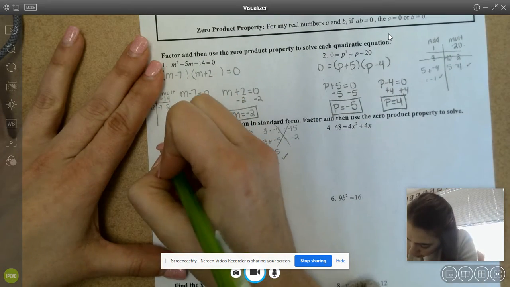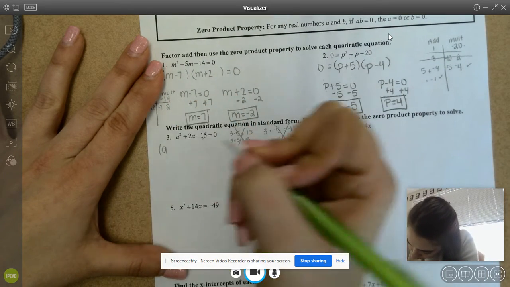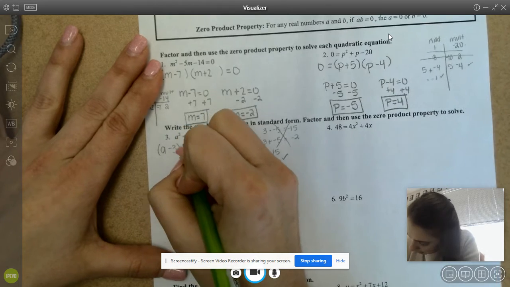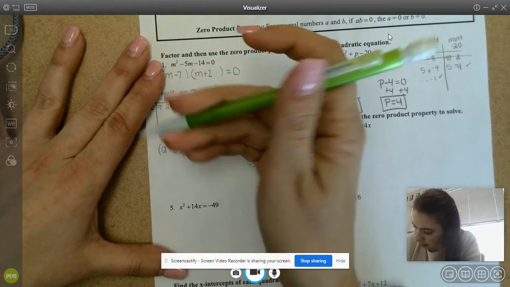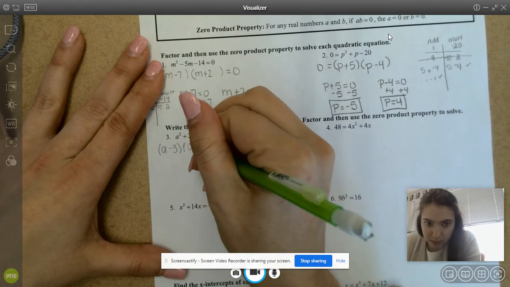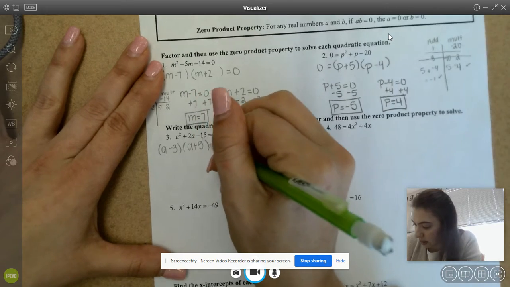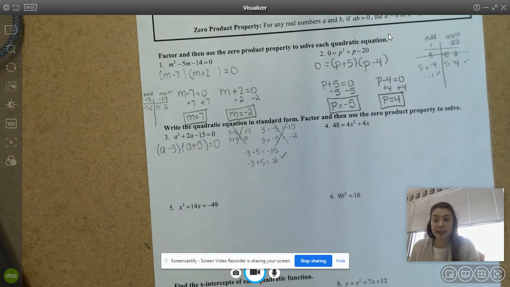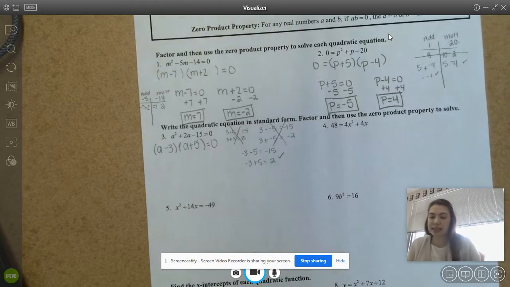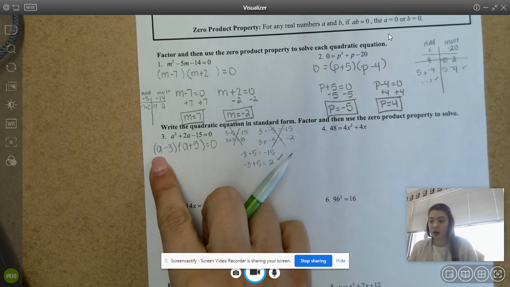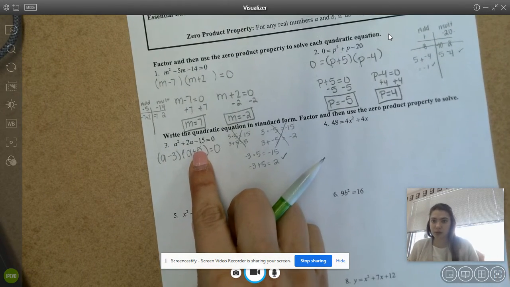So our factors are going to be a minus 3 times a plus 5 is equal to 0. Now, again, with the zero product property, this factor could be equal to 0, or this factor could be equal to 0.